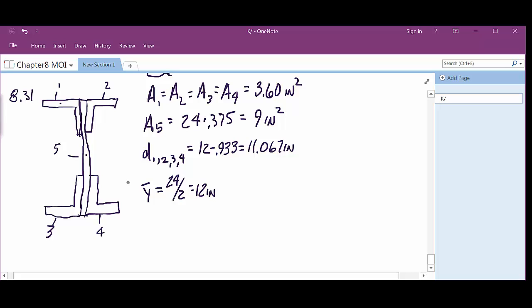What else do we need then? We need the moment of inertia for all of those pieces. So the moment of inertia on the x-axis for 1, 2, 3, and 4 individually now, mind you.